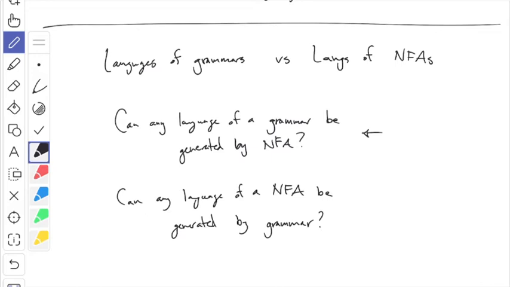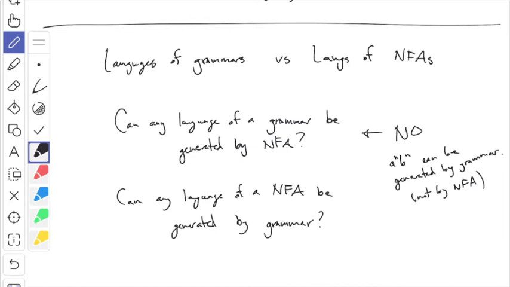With that example at the very beginning, and we did a similar one last time, you can make a non-regular language with a grammar. So the answer here is no. For example, a to the n, b to the n can be generated by a grammar, but not by an NFA, because that's not regular. Not every grammar language is regular.